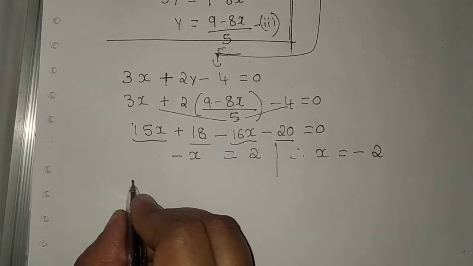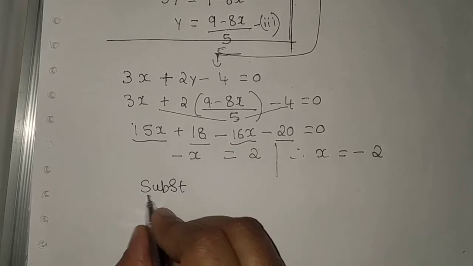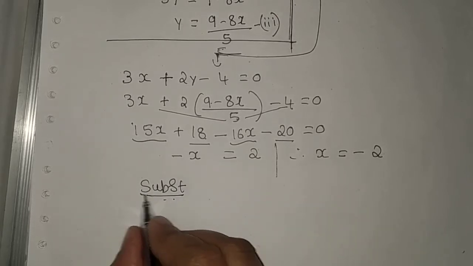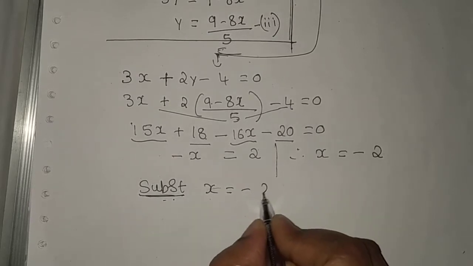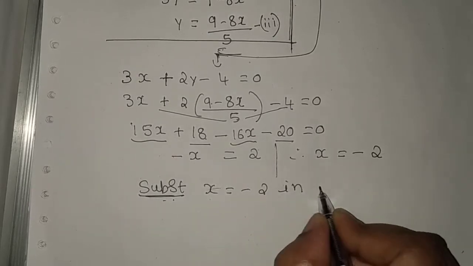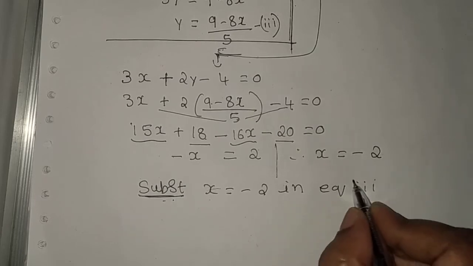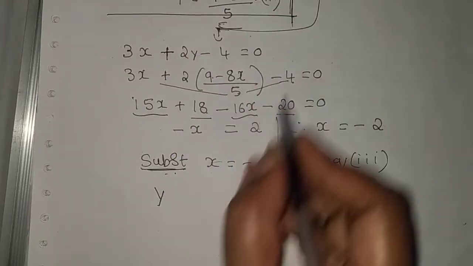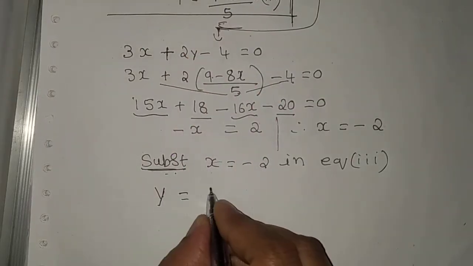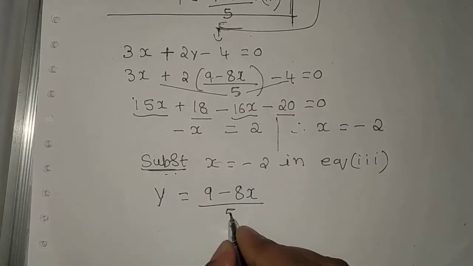Next step is to substitute x is equal to minus 2 in equation 3. Equation 3 is y is equal to (9 minus 8x) by 5.